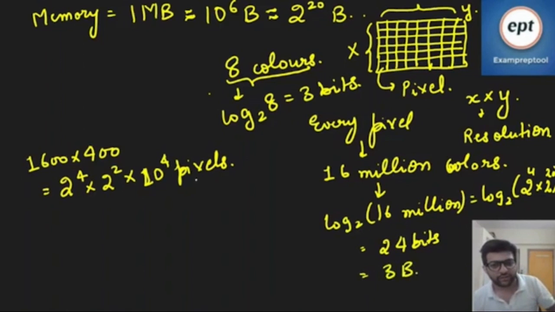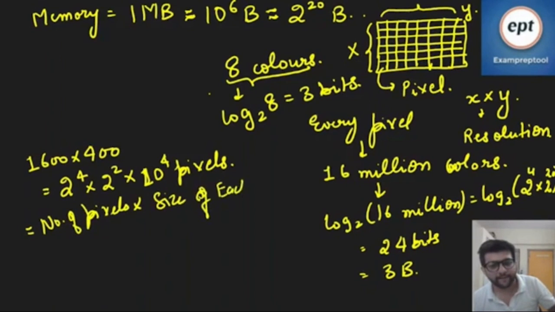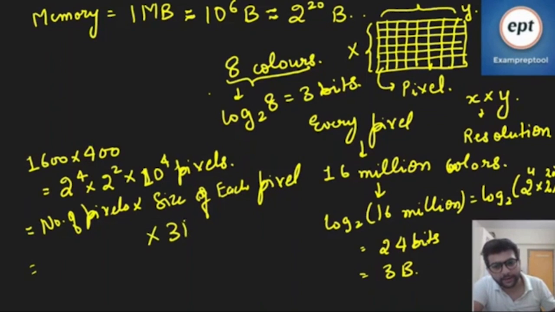Now we have these many pixels. So what is the total memory required? It will be number of pixels into size of each pixel. The size of each pixel will be equal to 3 bytes, and the number of pixels is 2 power 6 into 10 raised to the power of 4.